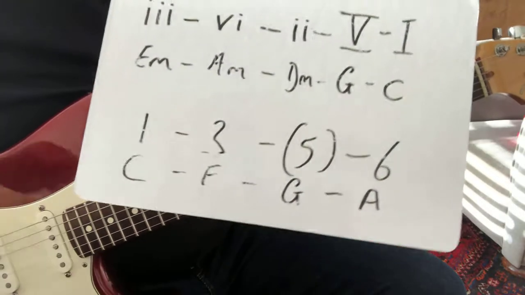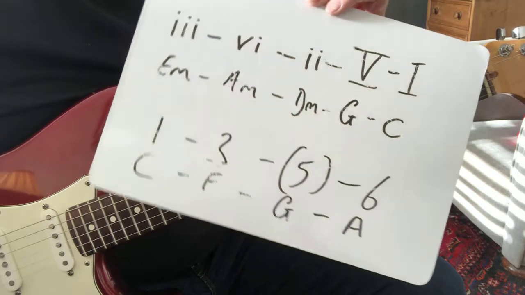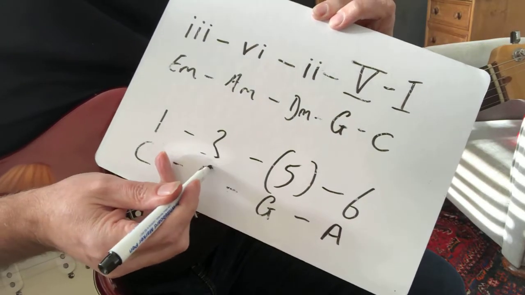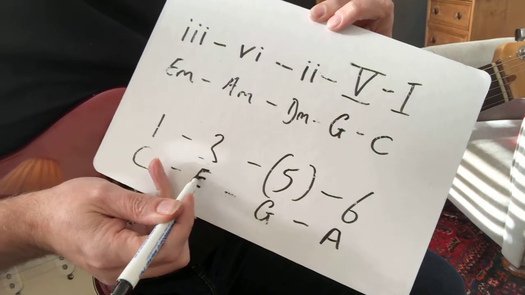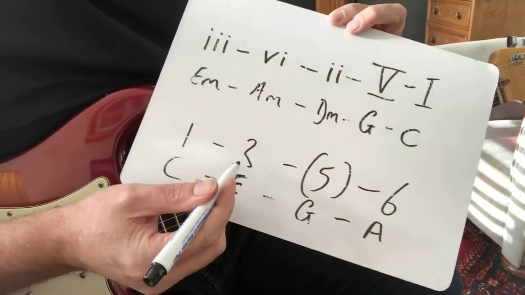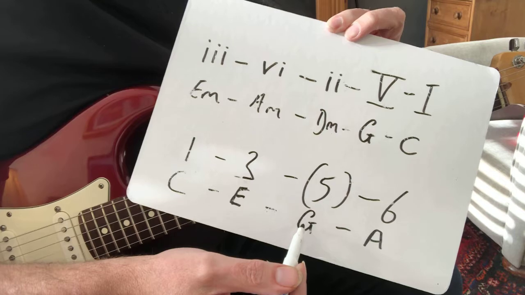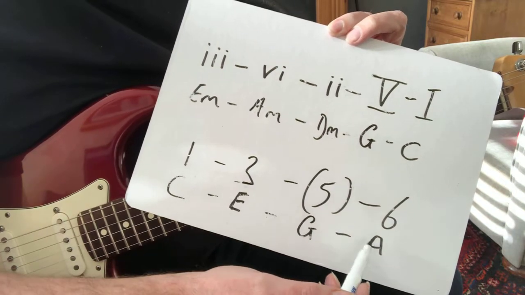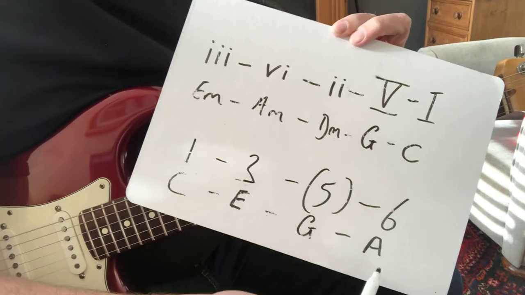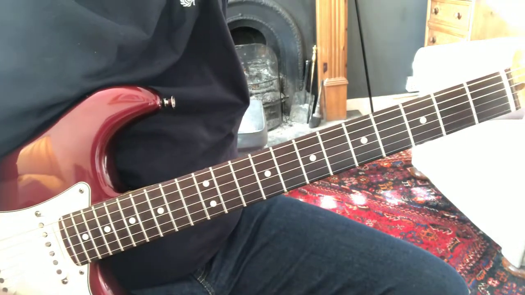And this chord in C major would be C as the 1, the note E as the 3, if you can fit it in, the note G as the 5, and the 6th note is A. Let's just confirm that on the fretboard.